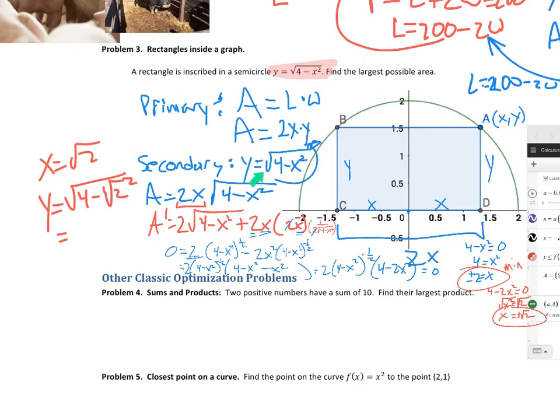That comes from the circle. So that's the square root of 4 minus 2, which is the square root of 2. Okay, so y equals that, and x equals that. So the largest possible area will be at the square root of 2, square root of 2.